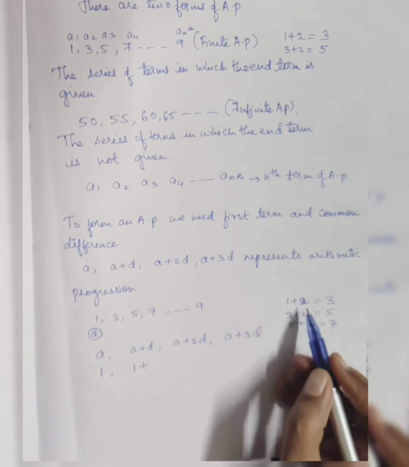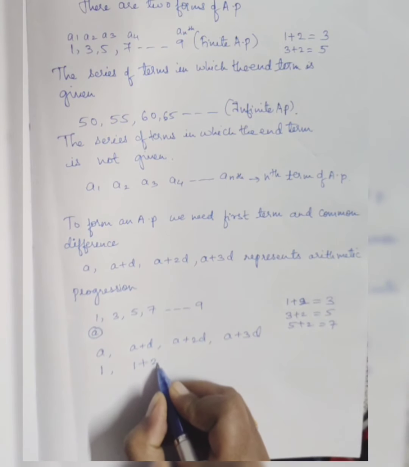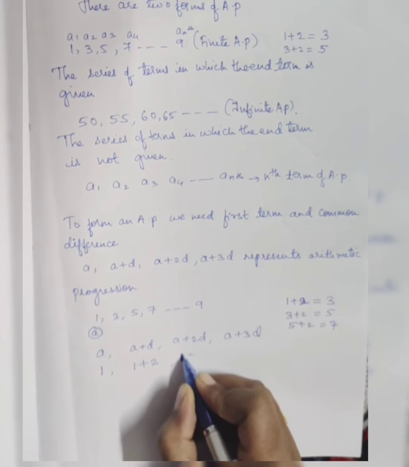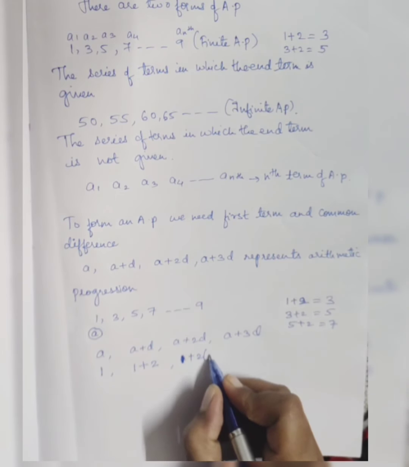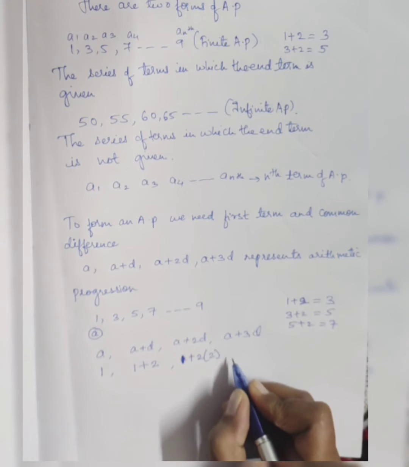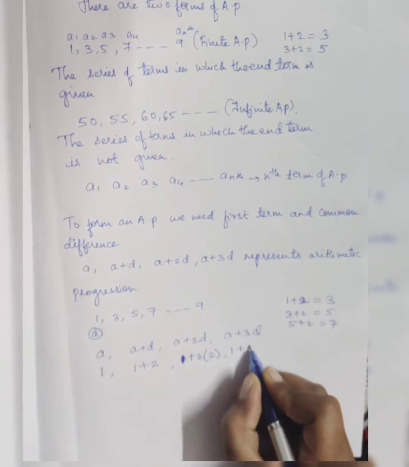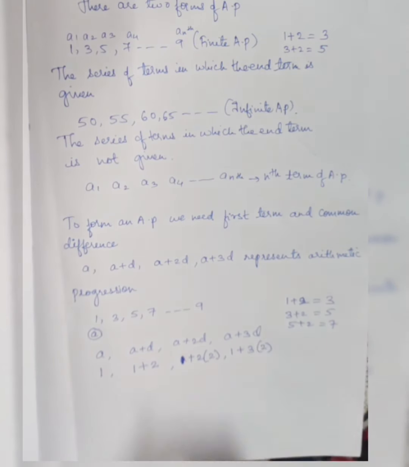So what is the common difference here? D is nothing but the common difference, so you can take it as 2. Then A is the first term, 1, plus 2 into D, and D is again 2. First term is 1 plus 3, D is the common difference, that is 2.